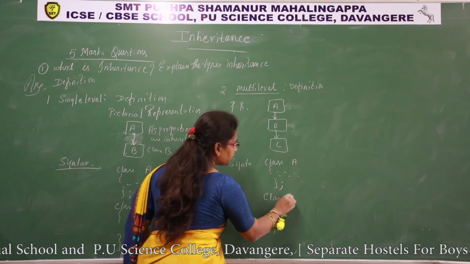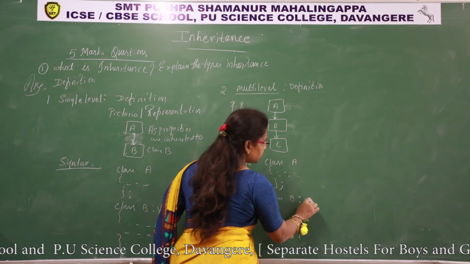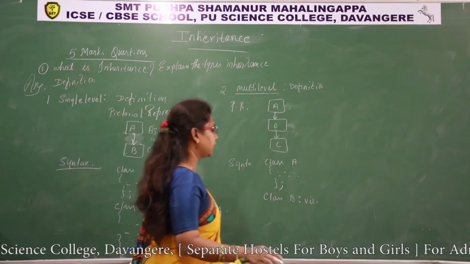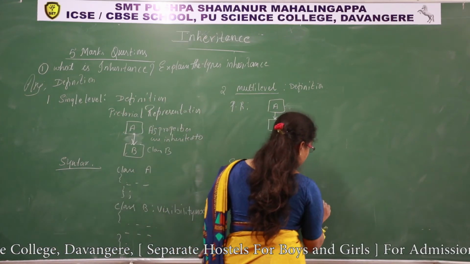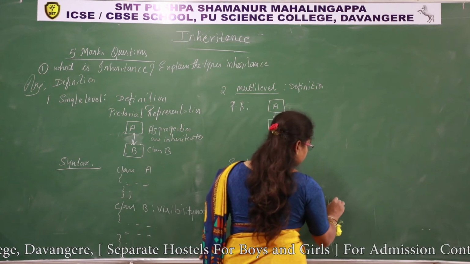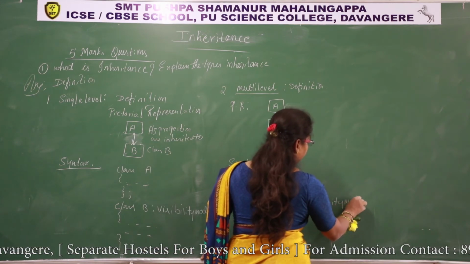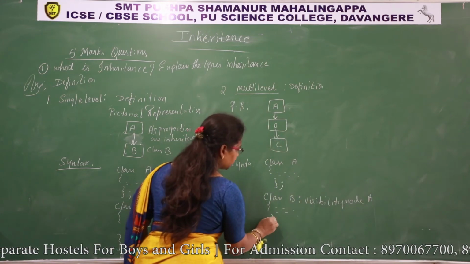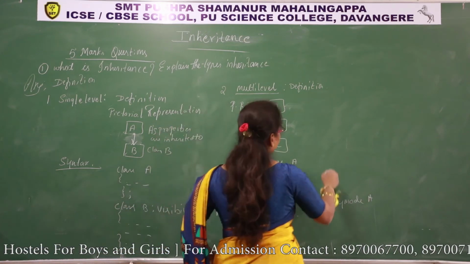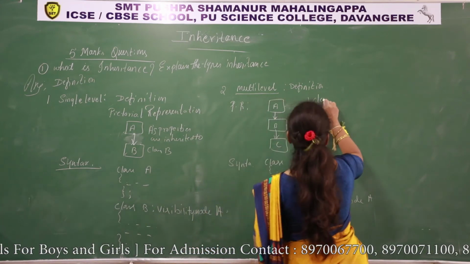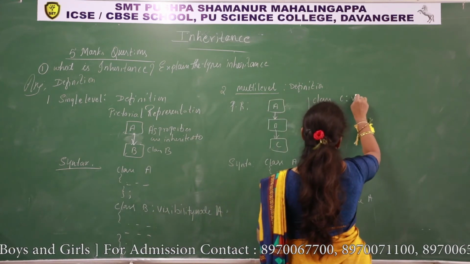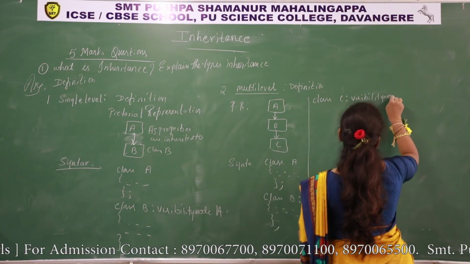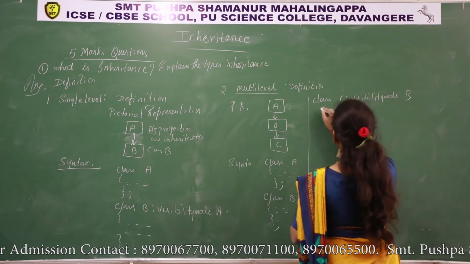Then class B colon visibility mode. Don't write VM. Visibility mode is a short abbreviation. You must write the full word, visibility mode, A. Close, semicolon. And class C colon visibility mode B.